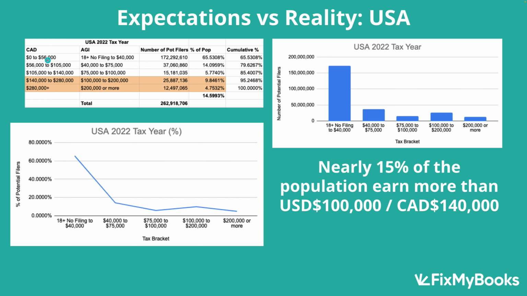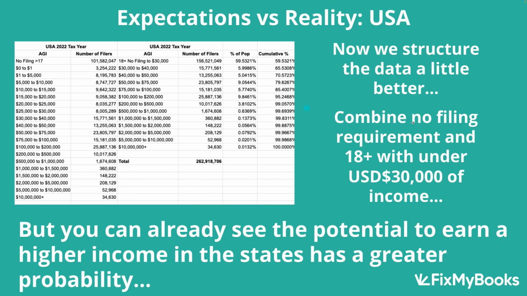So when we look at the US data broken down to be very similar to the Canadian data, we have 0 to 56,000 CAD, which in the Canadian returns was 0 to 50, but this is as close as you can get it based on how it's broken down here.